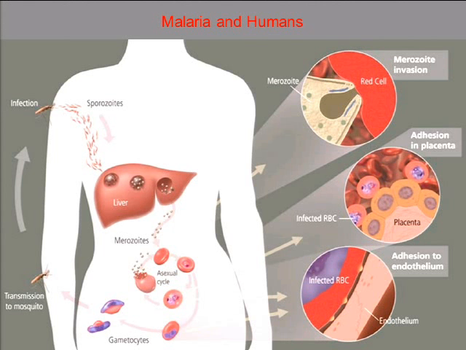And within the red blood cells, the Plasmodium organism uses hemoglobin as its main source of nutrients. And it uses its lysosome, the Plasmodium lysosome, to break down human hemoglobin.